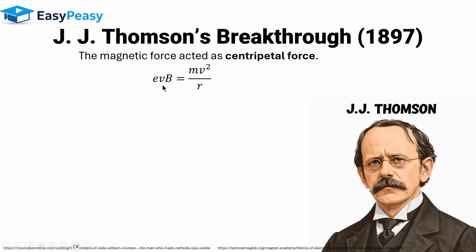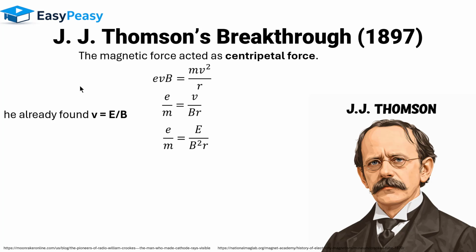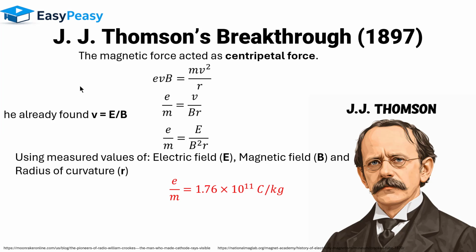Now he can replace this velocity with the formula that we already found, that is the electrical field divided by the magnetic field. And that's how he found the e/m value, which was 1.76 × 10^11. Here E is the electrical field that he applied, B is the magnetic field, and R is the radius of curvature made by the cathode rays.